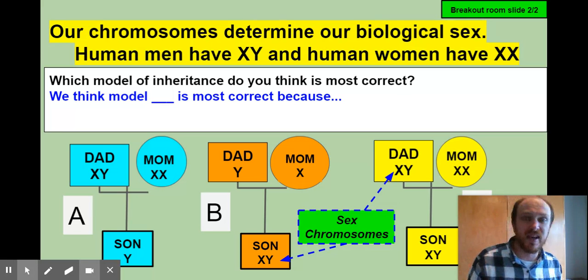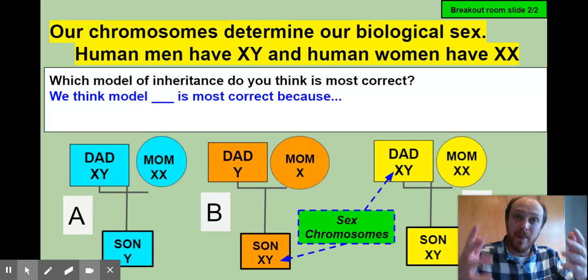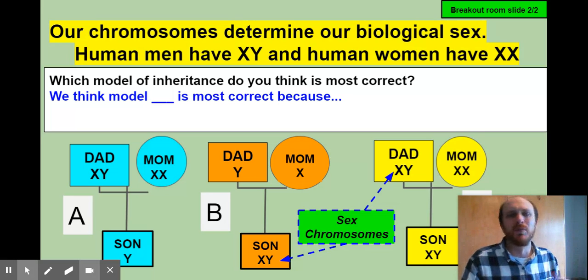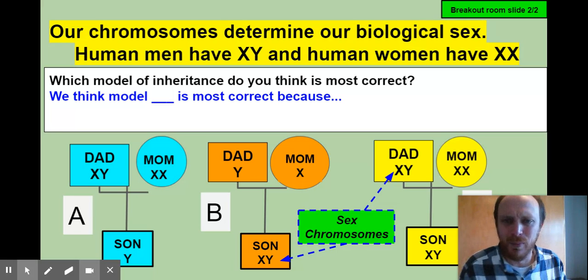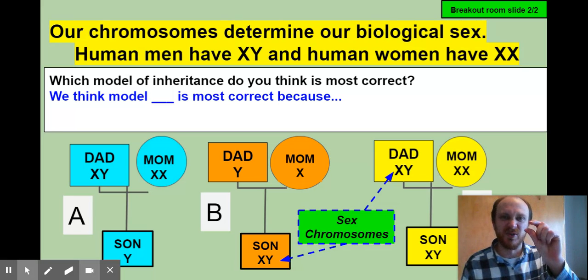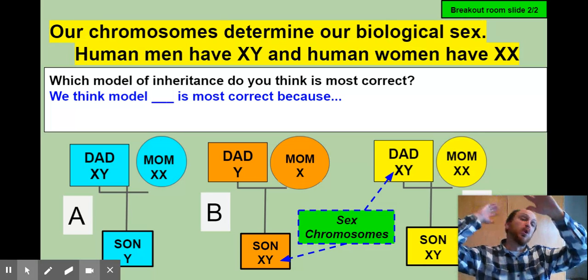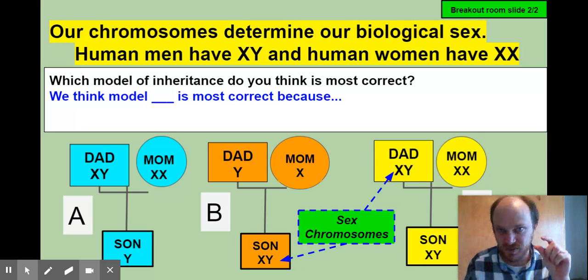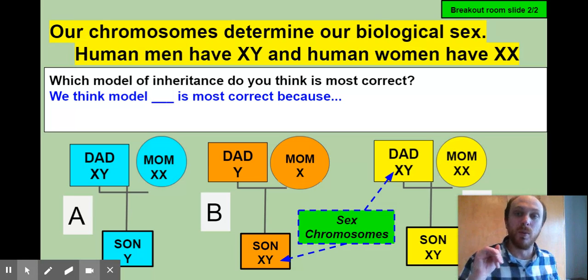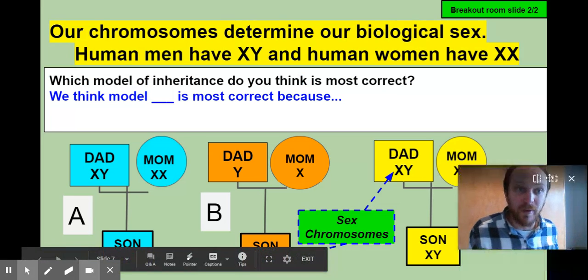So we men can brag that we have an extra chromosome. But really, the Y chromosome is a terrible shriveled little chromosome, while the X chromosome is a big normal size chromosome. Anyway, that determines whether or not we're men or women.